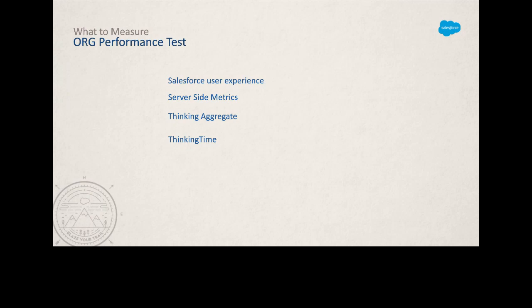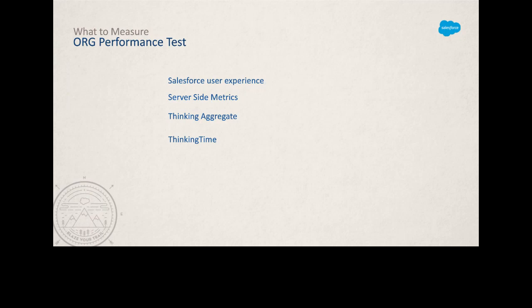For example, case opening, case escalation: a user usually opens a case, he reads, there is some time involved, then he decides, checks the knowledge base. If everything does not match, then it can be assigned to some other group, or it can be escalated to some other group. So these are the human factors. Those are the thinking times that need to be considered.